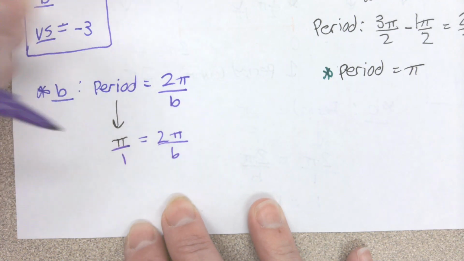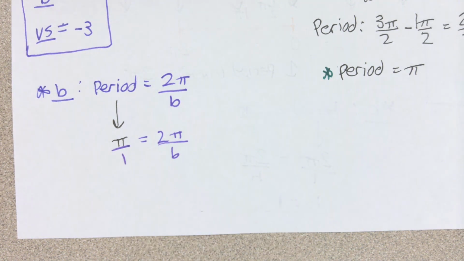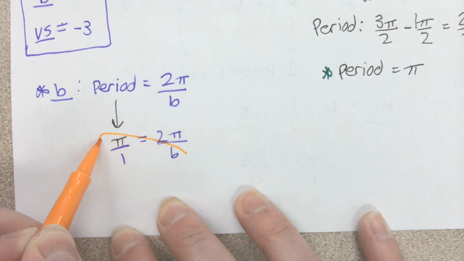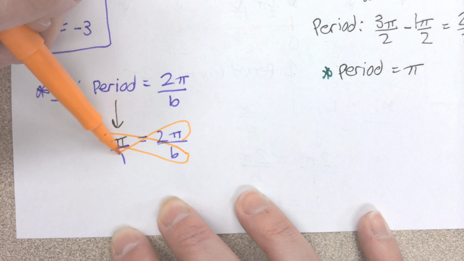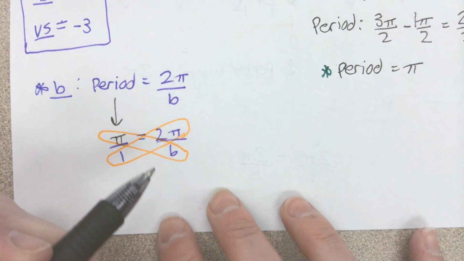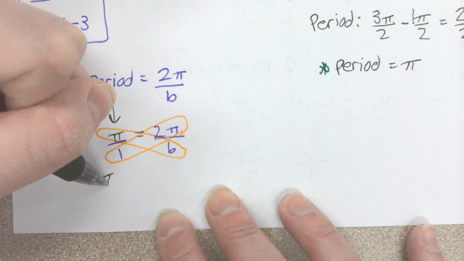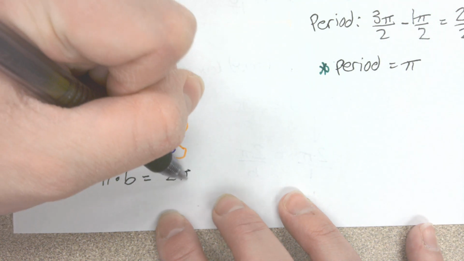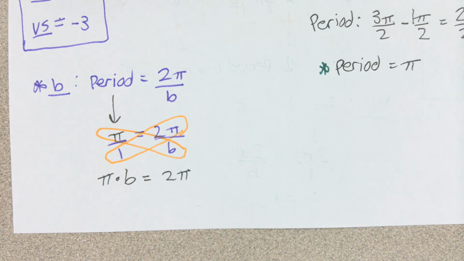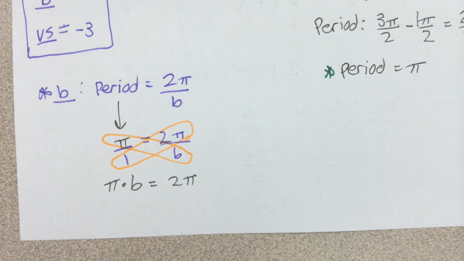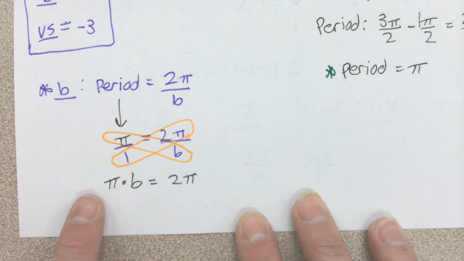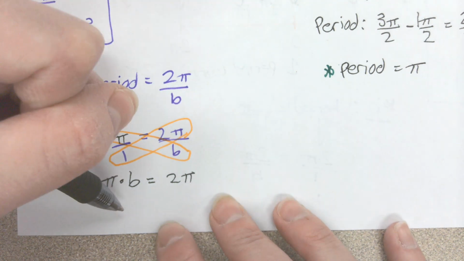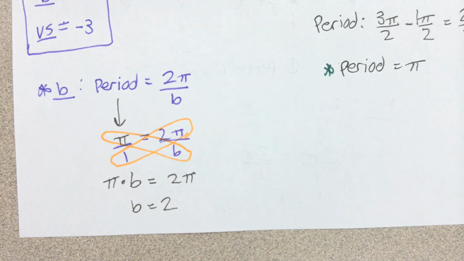And then to solve, we'll put a 1 under that pi and cross multiply. Multiply left side, we have pi times b equals 1 times 2 pi. Well, that's still 2 pi. And visually speaking, I hope comparing the left and the right side, you can clearly see that b must be 2 for these to be equal. Or you can divide off pi on both sides. b equals 2.